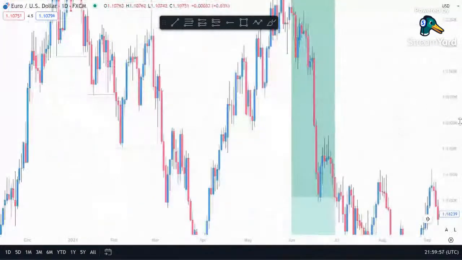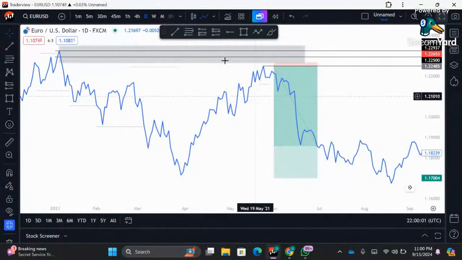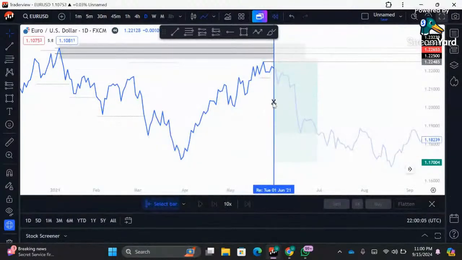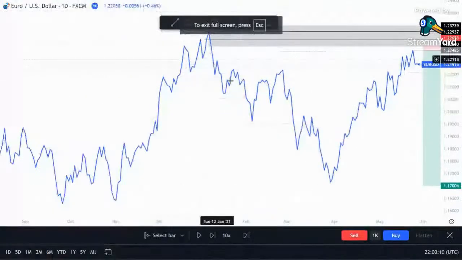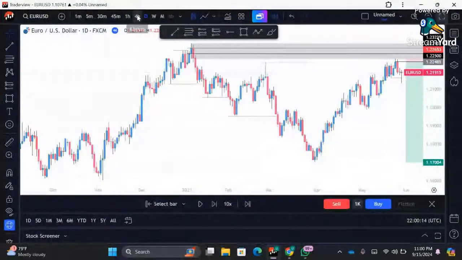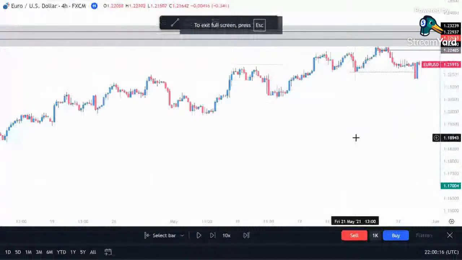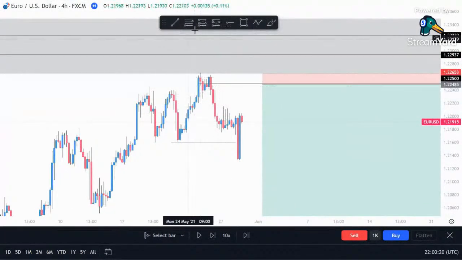This is the price now. This is the break, right?